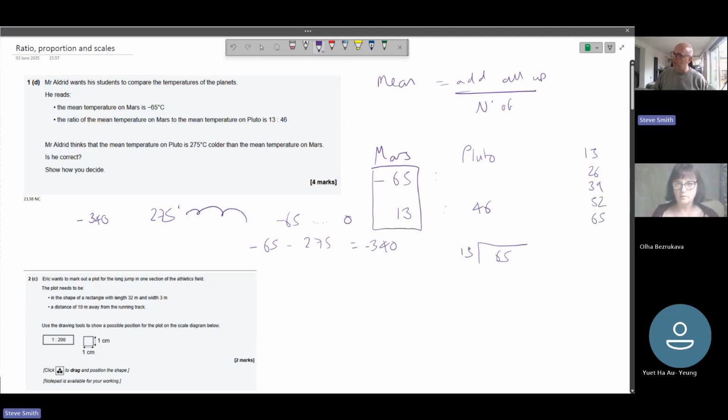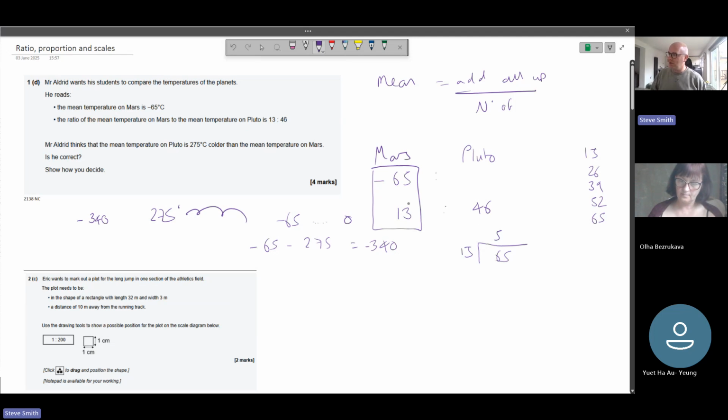Because it's non-calc, it's not given us a helping hand, but it's told us that 13 goes into 65 5 times. So each portion is 5, and we've got 13 portions, so that's 65. So we need 46 portions of 5.